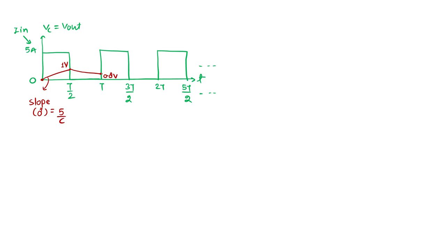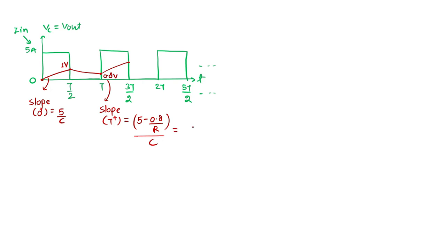The slope at T positive, the charging slope I am talking about, the current is different because due to the 0.8, the amount is 5 ampere minus 0.8 by R. This is the current by slope.